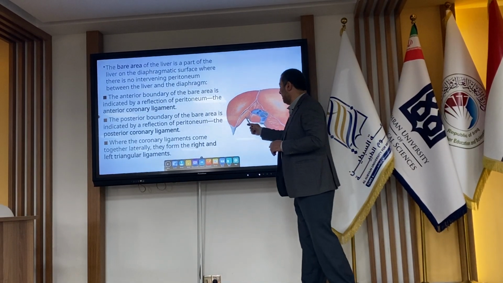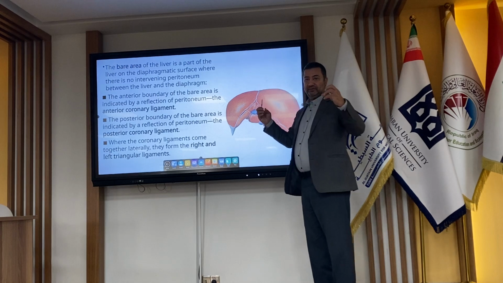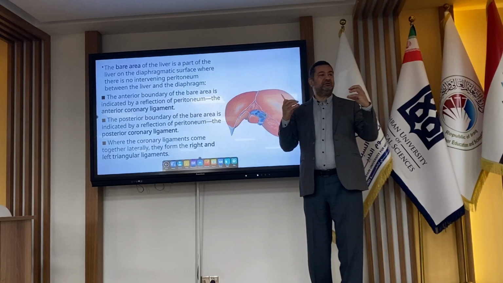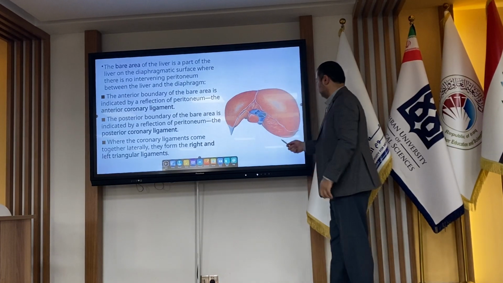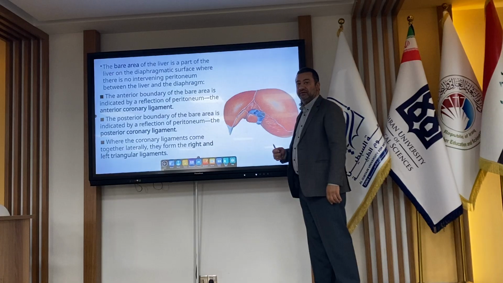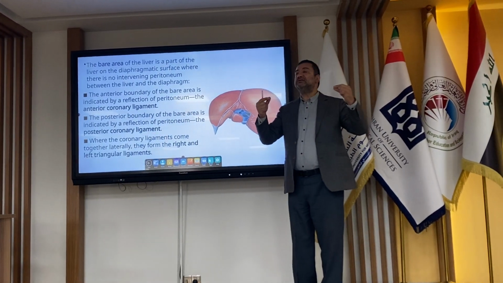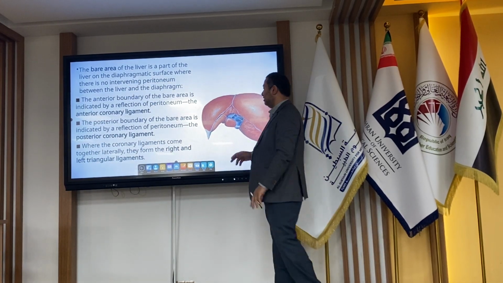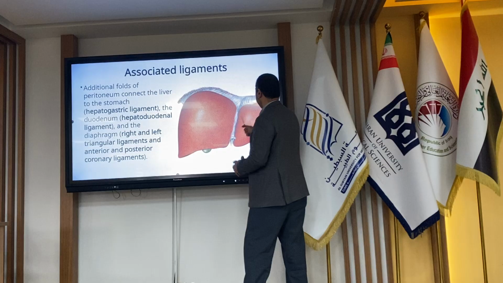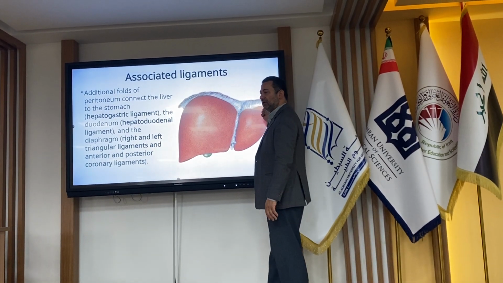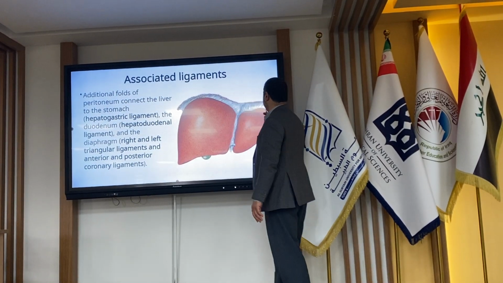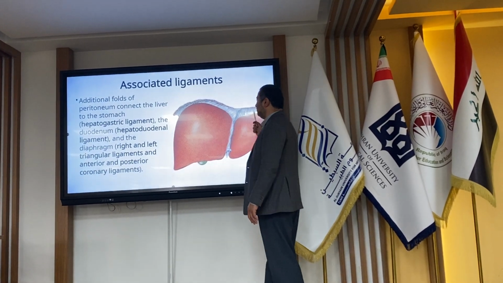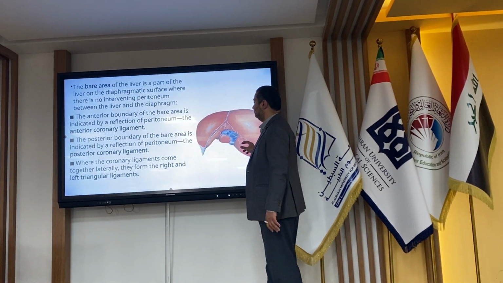On the right side and on the left side, the superior or anterior coronary ligament and the posterior or inferior coronary ligament attach together. This attachment makes triangular ligaments, right and left triangular ligaments. You see here, this is anterior or superior coronary ligament, and here are the right and left triangular ligaments.